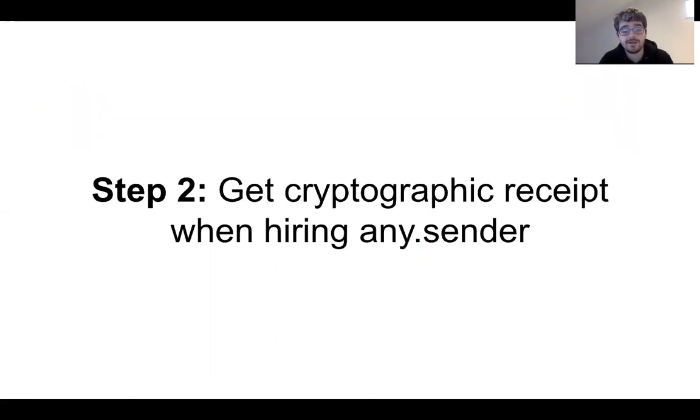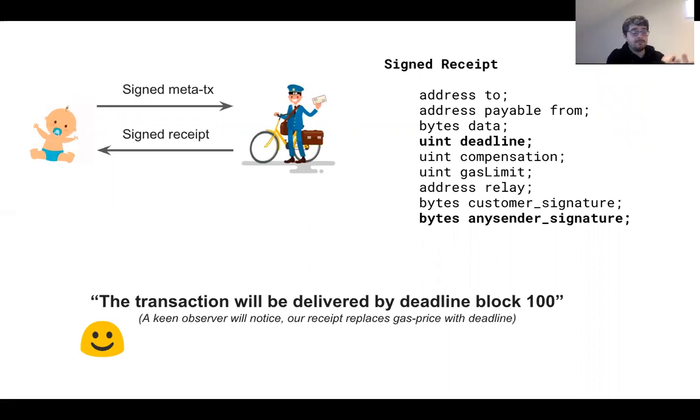Now, the second part is when the user finally has some funds or balance on our service, all the user needs to do is sign a meta transaction and give it up to us. And in return, we're going to send the user a signed receipt. And in this receipt, it's pretty much going to say, this meta transaction will be delivered to the blockchain by deadline block 100.